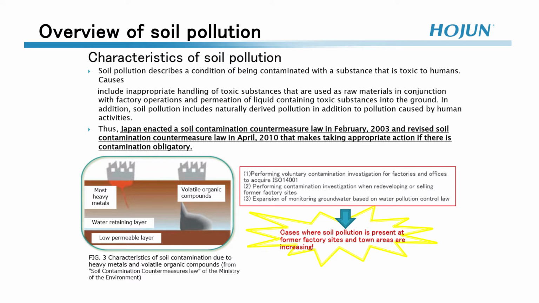Based on these circumstances, a soil contamination countermeasure law was established in 2003 and revised in 2010 to ensure safety and peace of mind of citizens, to understand soil pollution conditions, and to implement soil contamination countermeasures, such as steps related to preventing health hazards to persons due to soil contamination.